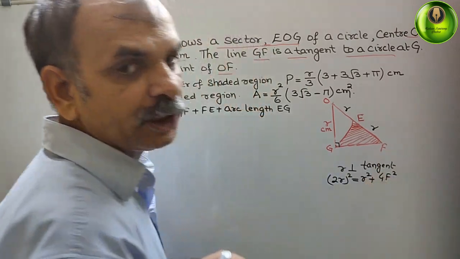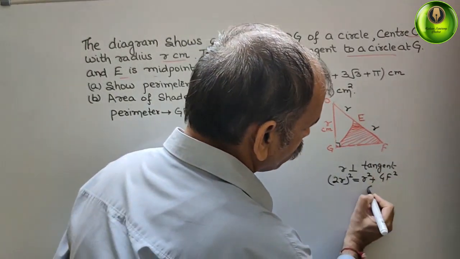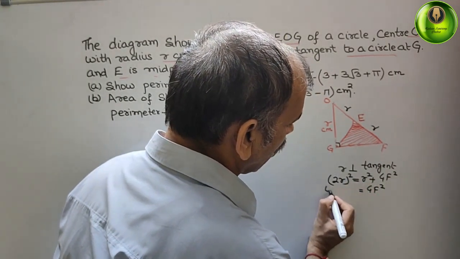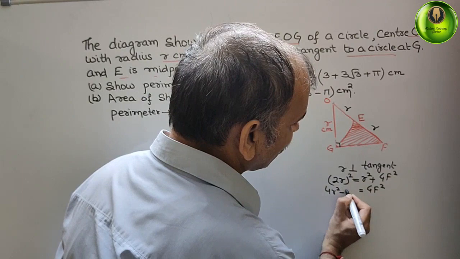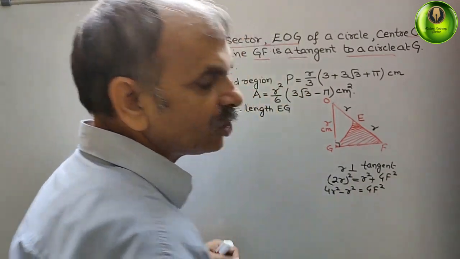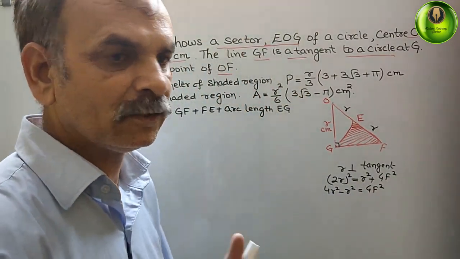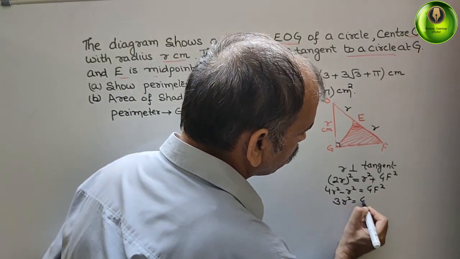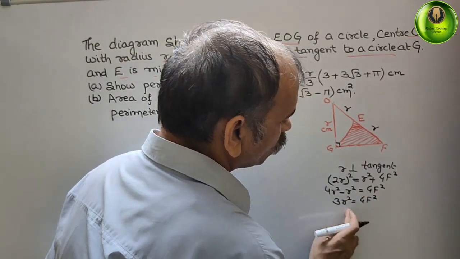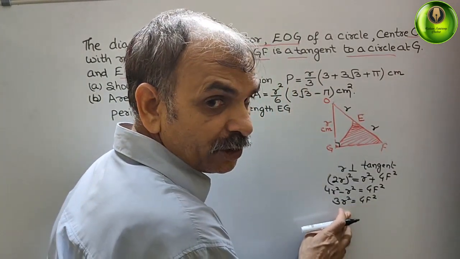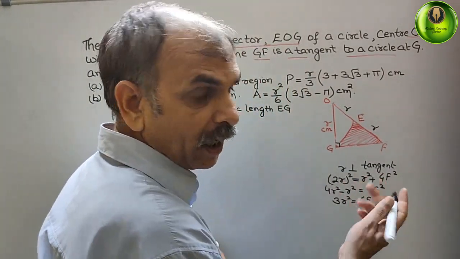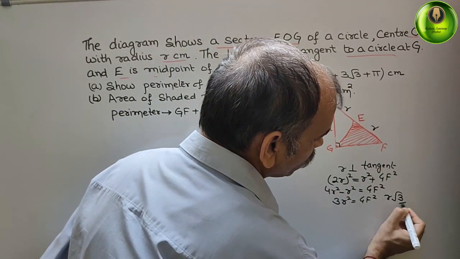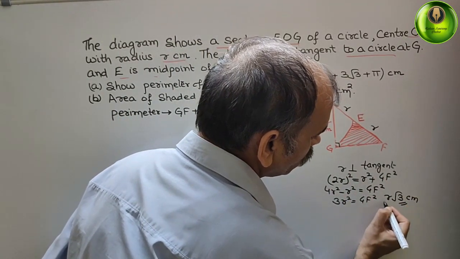So GF square is equal to 4r square minus r square, that is equal to 3r square. So GF is root 3 r. So we can say r root 3 centimeter is your GF.